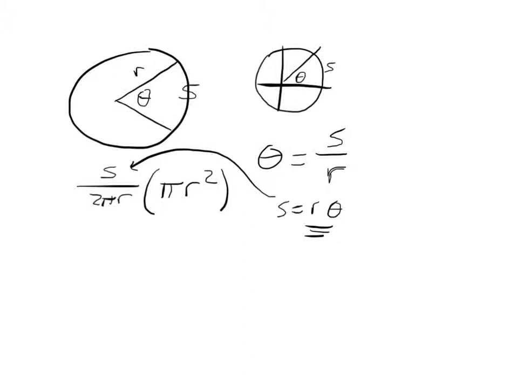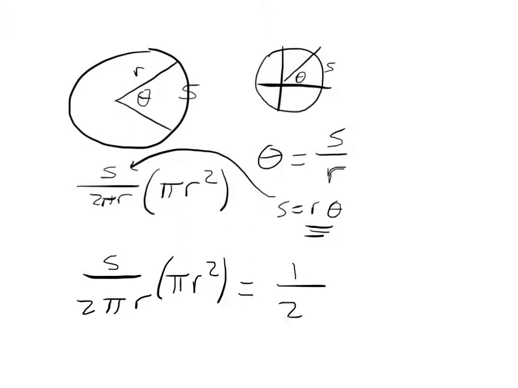And then I'm going to get S over 2 pi r times pi r squared, make that substitution in, so I get r theta over 2 pi r times pi r squared.